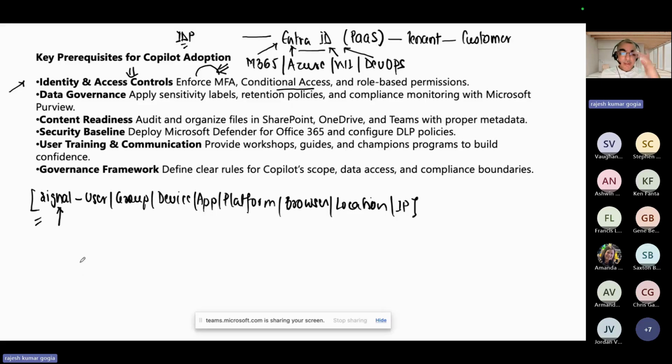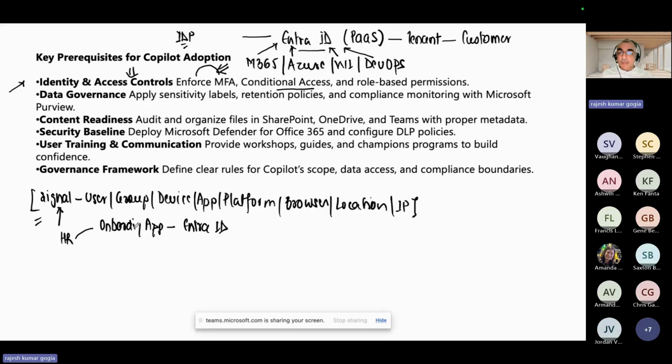Say, for example, a user belongs to the HR team, and the HR team needs access to some application. Let's say there is an onboarding application, and that application has been integrated with Entra ID.